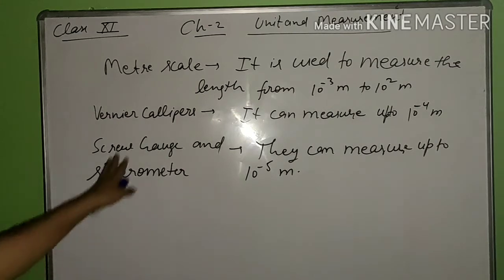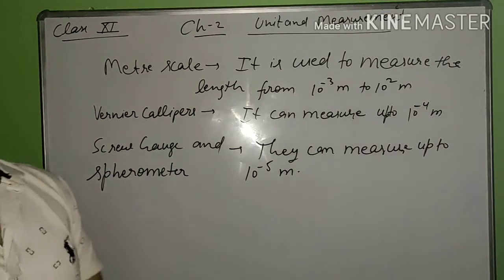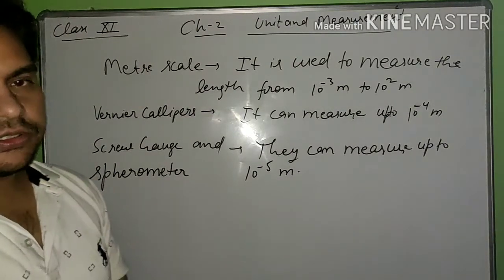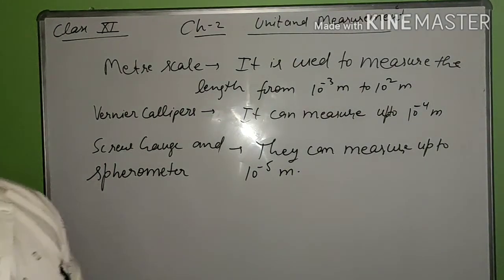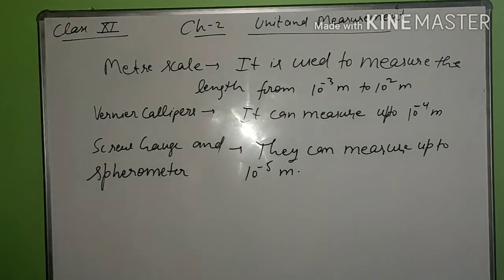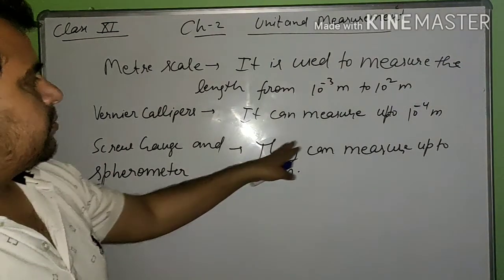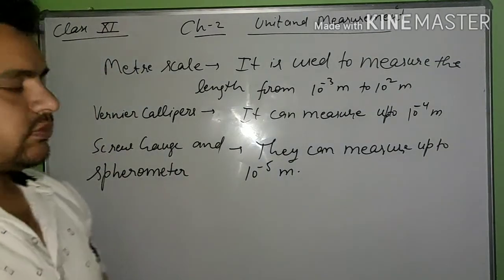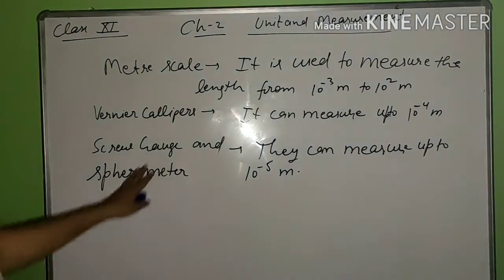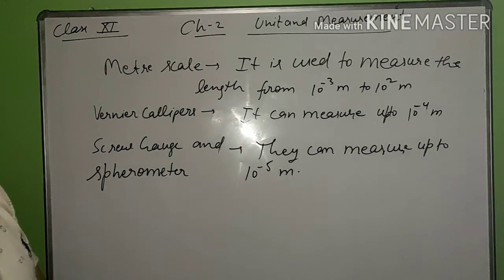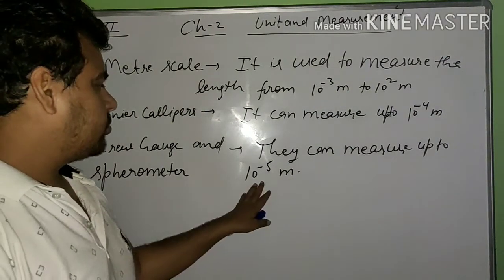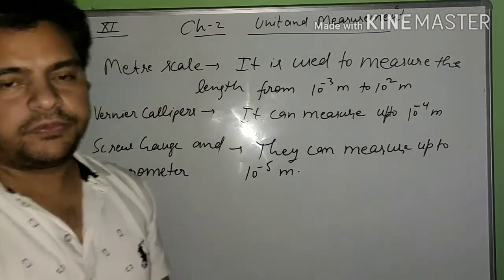Similarly, the vernier calipers is also an instrument, mostly used in industries to make standard samples. Vernier calipers can measure up to 10 raised to power minus 4 meter, and screw gauge and spherometer can measure length up to 10 raised to power minus 5 meter.